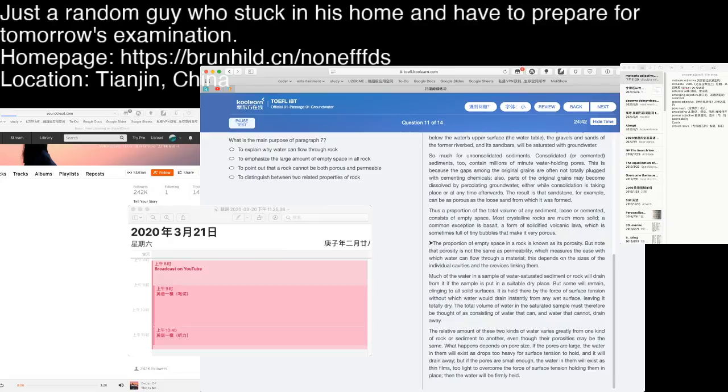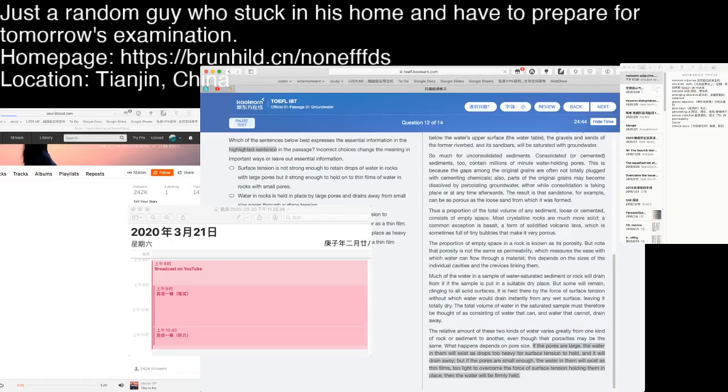It is D. And which of the sentences below best expresses the essential information in the highlighted sentence in the passage? Incorrect choices change the meaning in important ways or leave out essential information. So yeah.